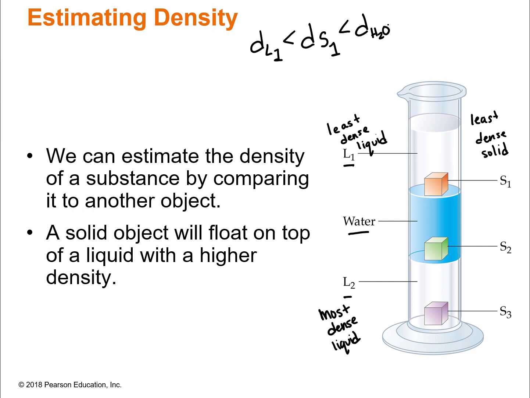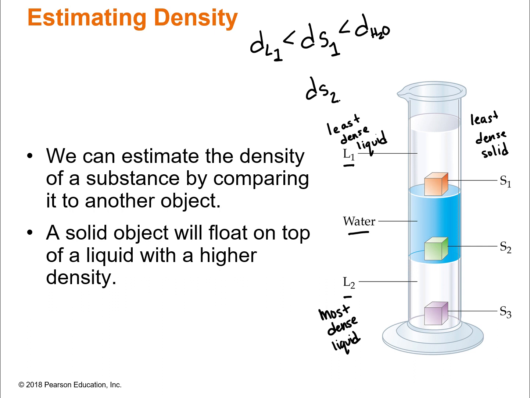Now let's do that for S2. S2 is sitting on top of L2. So it sank all the way down through L1, through the water, and it's sitting on top of L2. If this is our density of S2, stop and think for a second. You can pause the video.